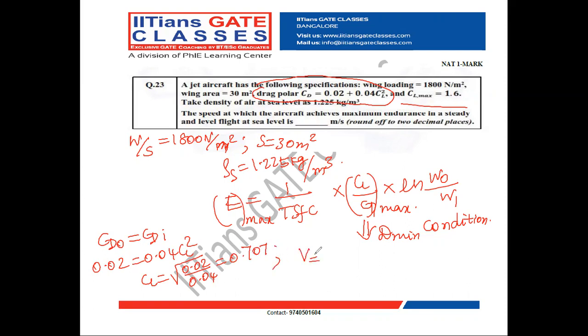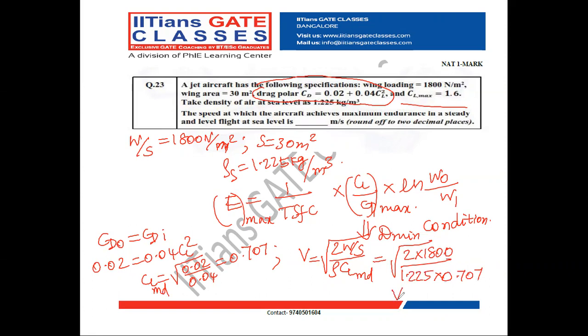When I substitute V equal to root of 2 into W by S by rho CL, corresponding to the drag minimum condition, that is CL for minimum drag, we get 2 into 1800 divided by rho, corresponding to sea level condition 1.225, into CL for minimum drag, 0.707.